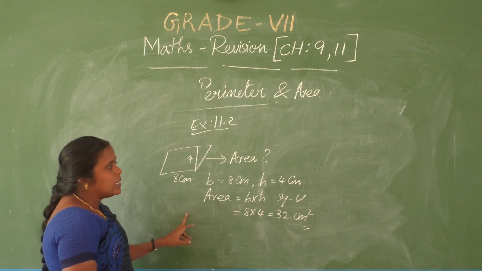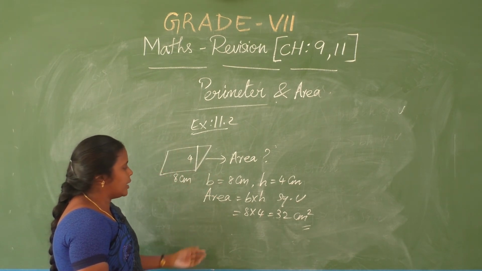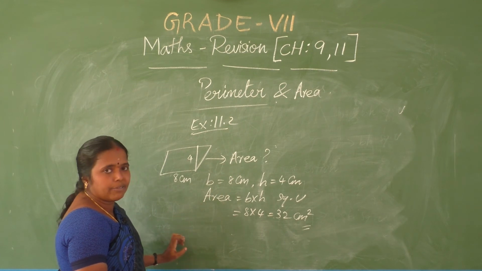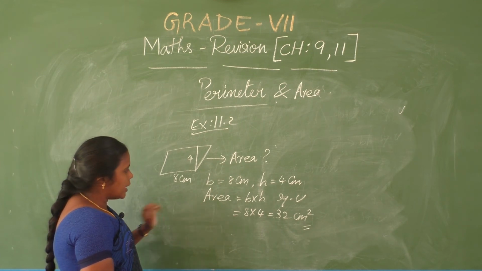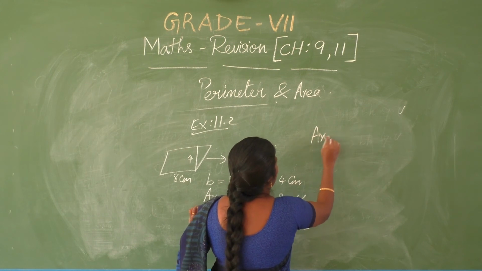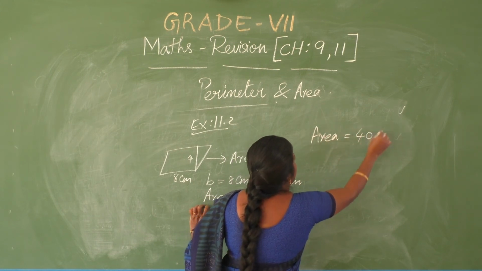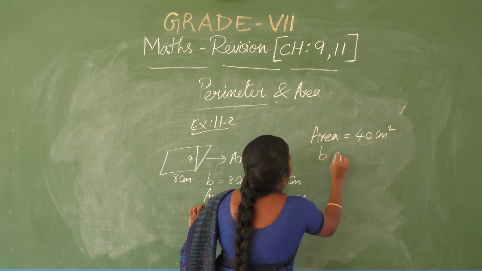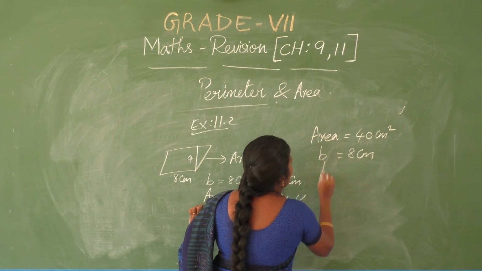Understood or not? Base given, height given, so the area we can find using the formula. Suppose the area is given as 40 square centimeters, and the base is 8 centimeters. What about its height?